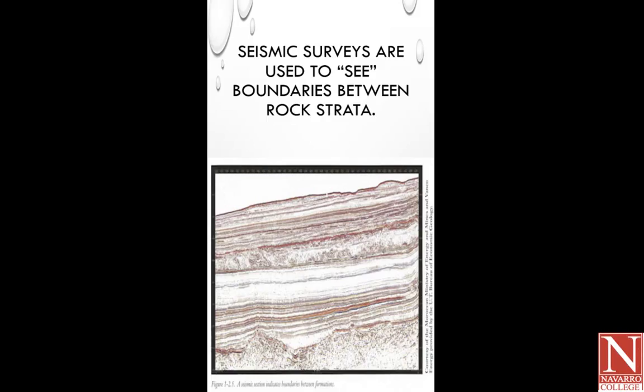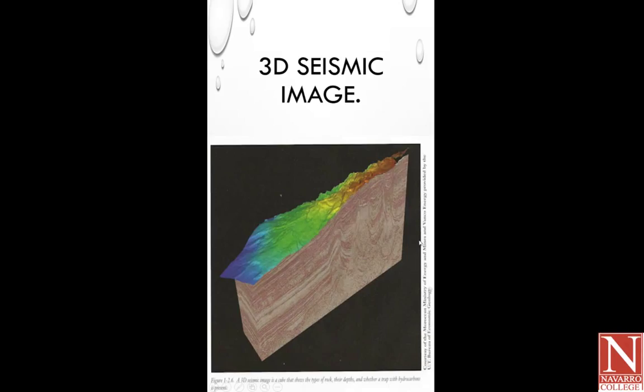And so they can put seismic waves in the ground to where they can get a printout and they can tell what's under there. Also, they have 3D seismic images, which they can actually see whether hydrocarbons are present under the ground.